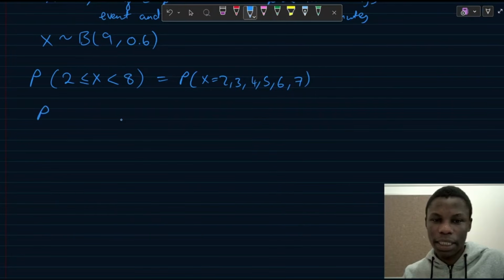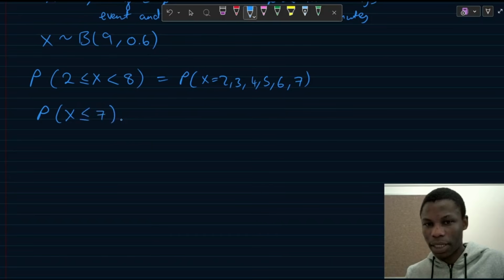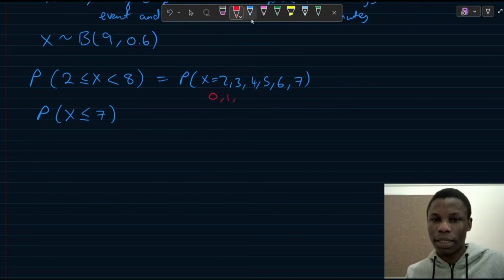This means I can write this as the probability that X is less than or equal to 7. Note that less than or equal to 7 will also include 0 and 1, so it will be 0, 1, 2, 3, 4, 5, 6, and 7. So I have to subtract X's less than or equal to 1 because I don't want to include that. So we can then do minus the probability that X is less than or equal to 1.